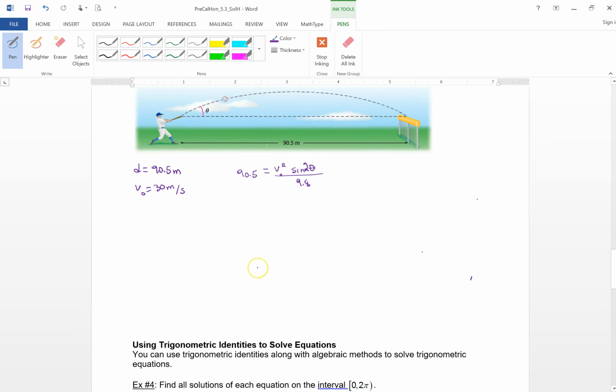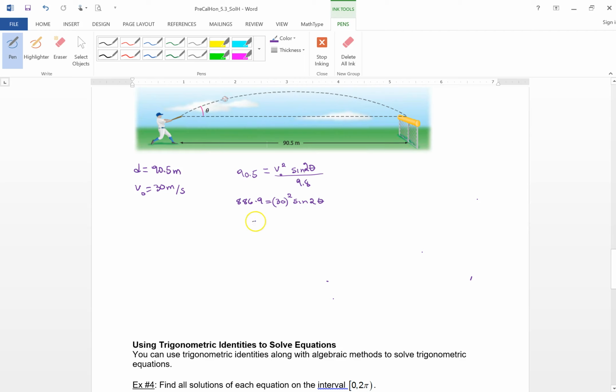And now all I have to do is solve this one. So when I multiply by 9.8, this is 886.9 equals v0 squared, which is 30 squared, times sine 2 theta.